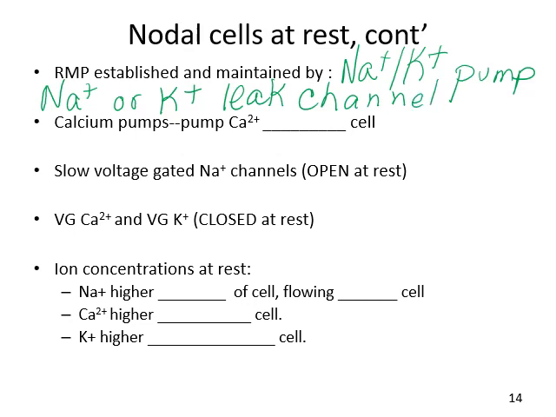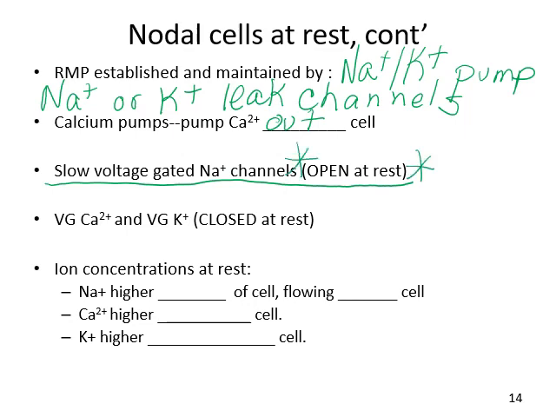Now the cells of the SA node are kind of like a weird modified muscle cell. They have calcium pumps, which are pumping calcium out of the cell. They have slow voltage-gated sodium channels, which are open at rest.